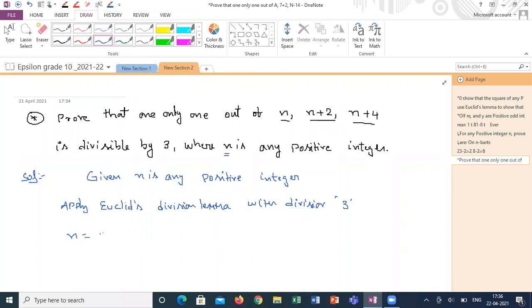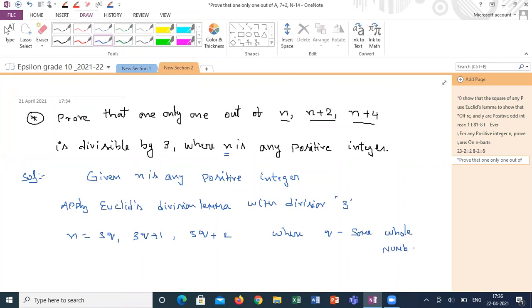n can be equal to 3q, 3q plus 1, 3q plus 2, where q is some whole number.